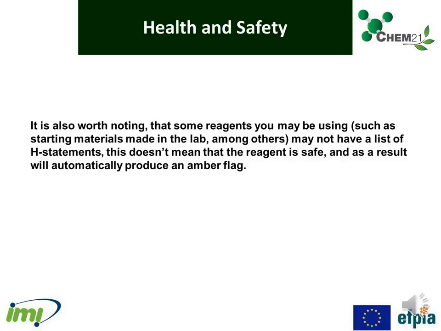Something to note is that sometimes you're going to be using a chemical entity that you've made in the lab. It's fairly novel and doesn't have an MSDS datasheet. This doesn't mean your reagent is safe, and your metrics will not automatically be green as a result. Generally, the metrics toolkit will produce an amber flag for chemical entities that don't have an associated MSDS datasheet.